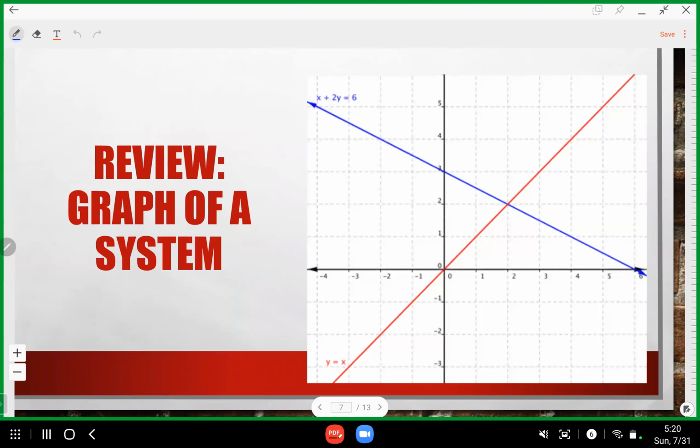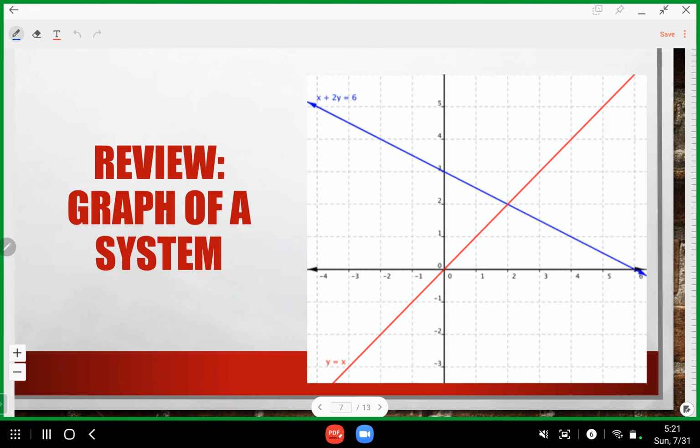Let's move on to the graph of a system. All right, so we're reviewing the graph of a system. It's what systems look like if you graph them, right? The solution of a system is basically just an intersection, right?